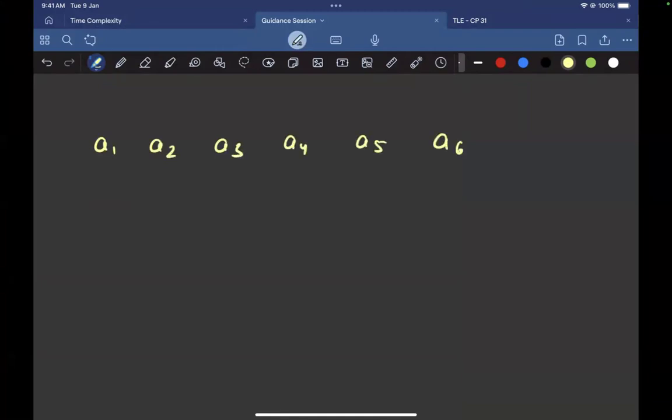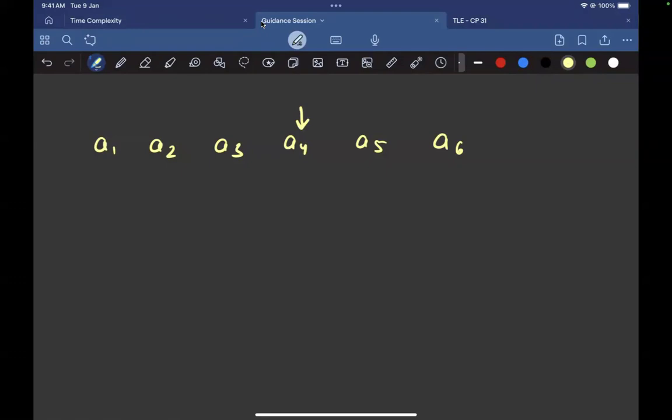Let's have 6 elements. Now, let's say that I eventually want this A4 guy, where I will pinpoint my finger, to remain at the end.